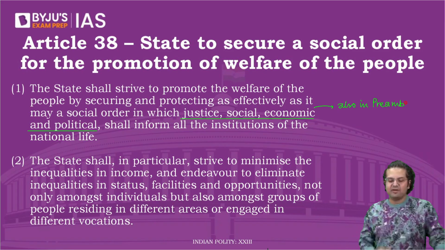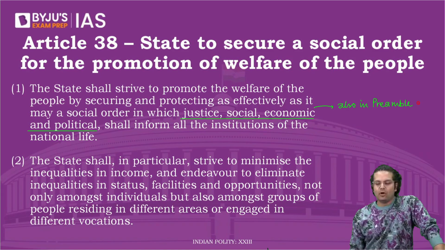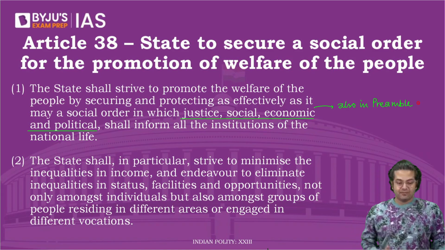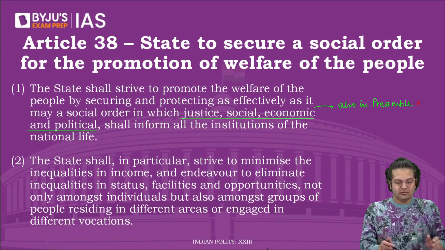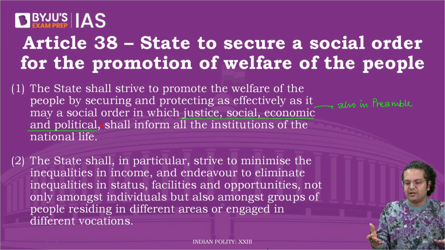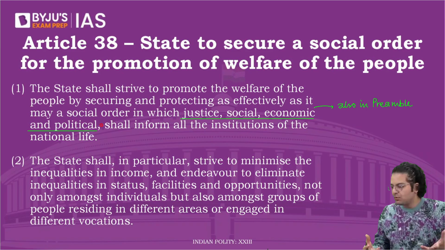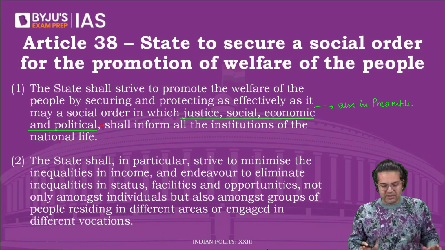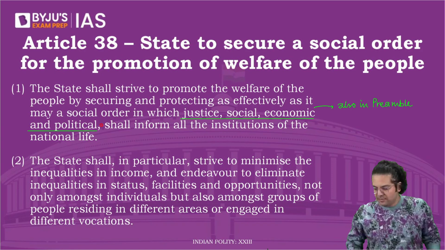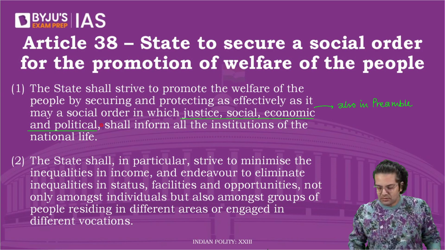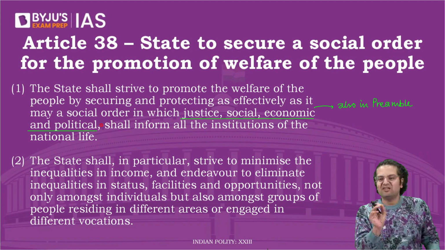So you have a common phrase, shall inform all the institutions of the national life, and the state shall in particular. So see, the first part of the article is very vague, that the state should ensure to provide social justice, etc. But then this particular article becomes very, very narrow, very, very accurate, and expects us to do something in a very precise manner.